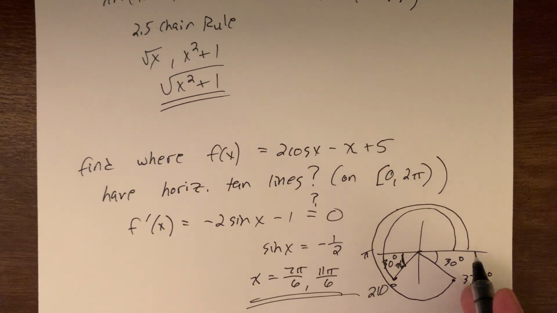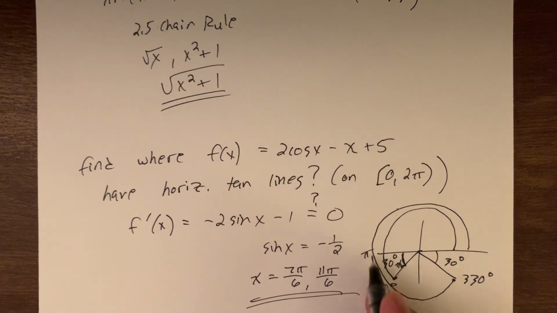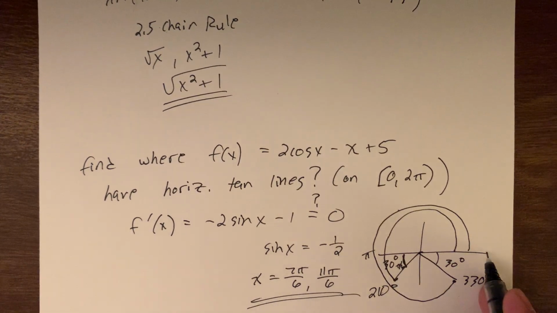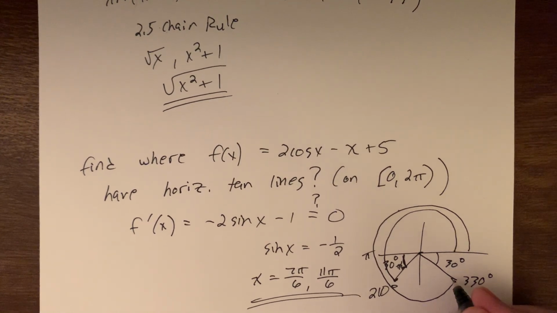This is pi. You went past pi by pi over 6. 1 pi plus 1/6 pi is 1 and 1/6 pi, 7/6 pi. Over here, all the way around, instead of 360 it is 2 pi, but I came pi over 6 short.